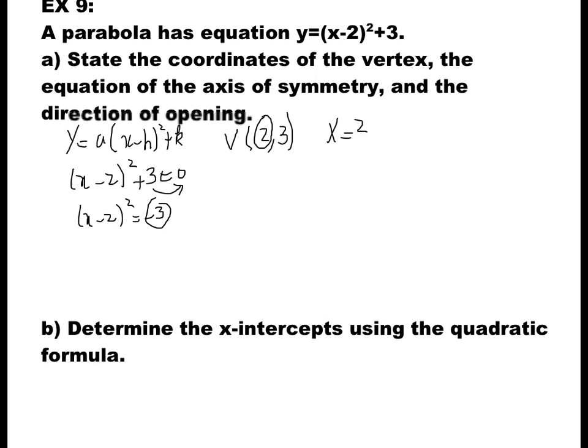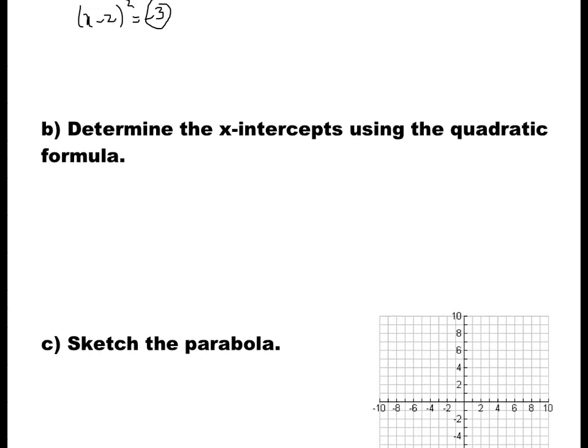Now if you want to use the quadratic formula here, the equation is y equals (x minus 2) squared plus 3. I expand this and get x squared minus 4x plus 4 plus 3, which gives x squared minus 4x plus 7.